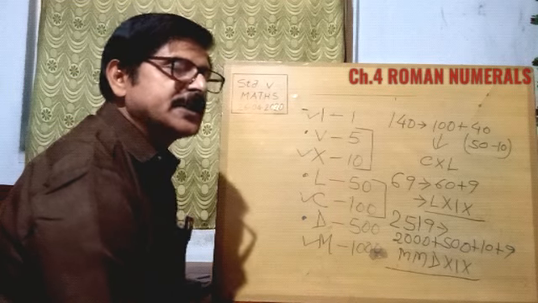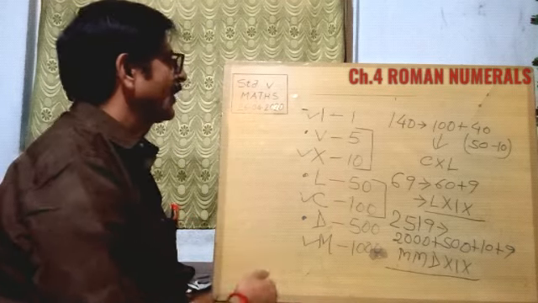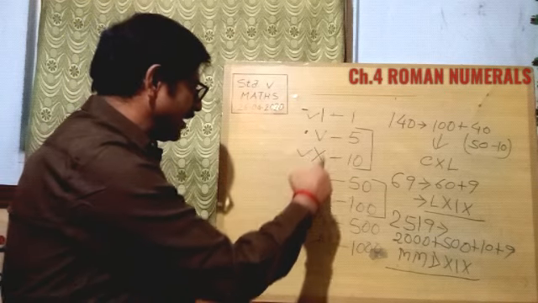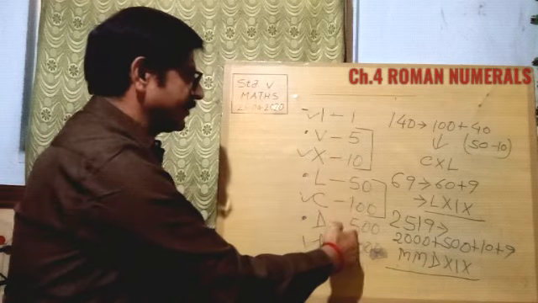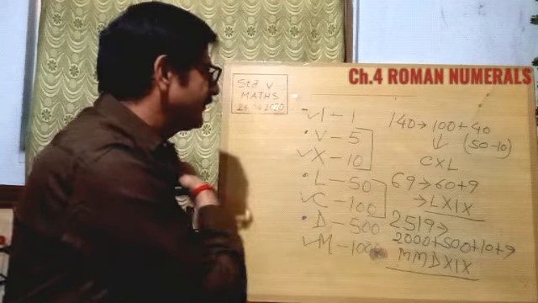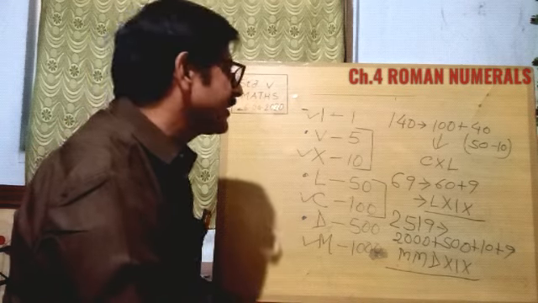When these symbols are repeated, their values are added. The symbols V, L, and D, 5, 50, and 500. Isn't it easy to remember? 5, 50, and 500 can never be repeated.